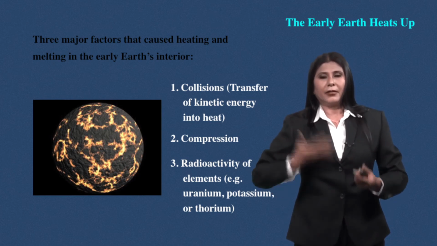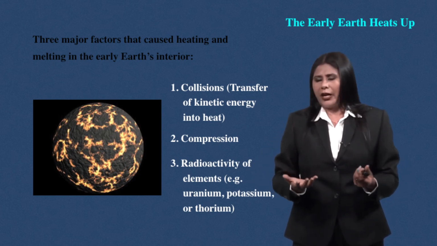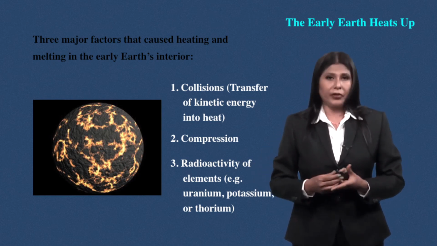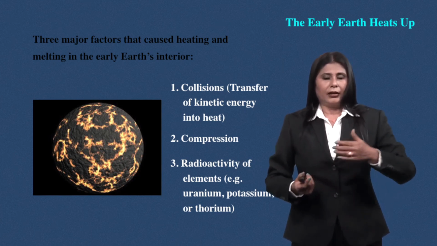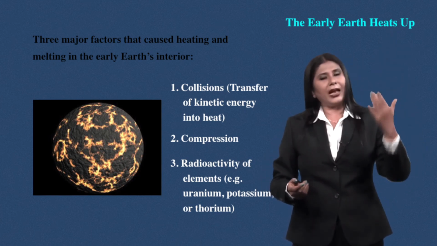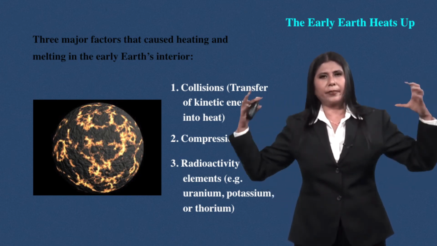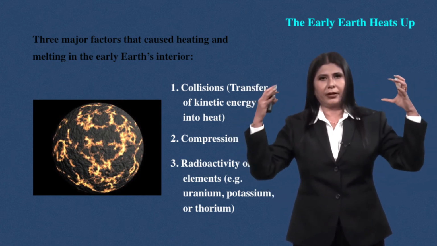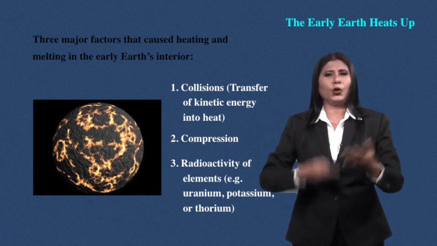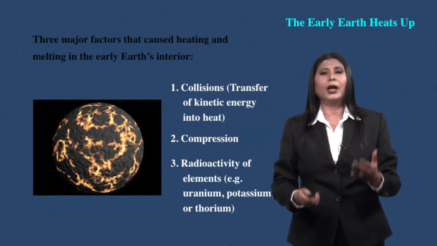They decay, and as they decay, an enormous amount of heat is generated. The heat is released as well as heated inside. Compression, enormous pressure, and radioactivity, all these things together cause the heating up.